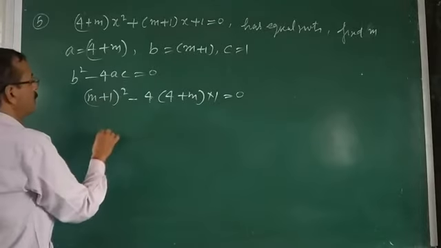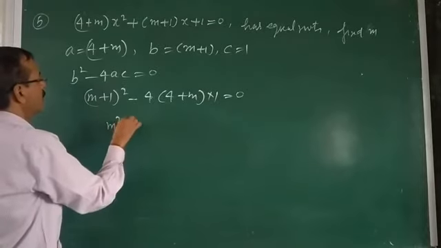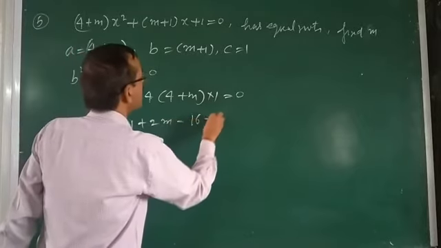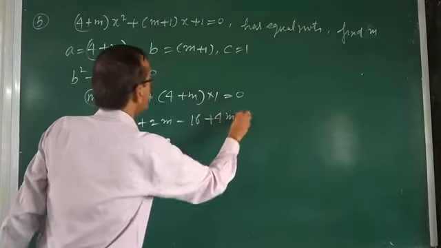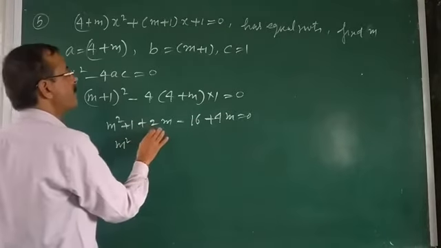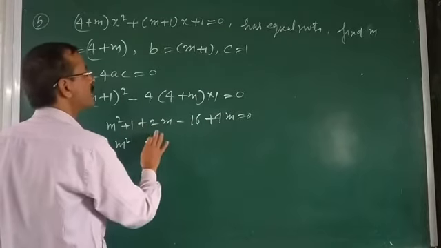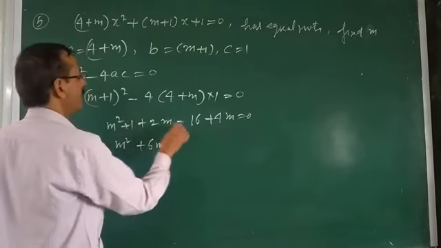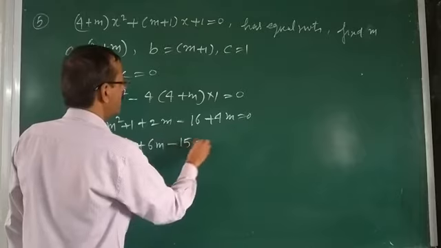What is here? m square plus 1 plus 2m minus 16 plus 4m equal to 0. m square, 2m plus 4m what will be? 6m. 1 minus 16 what will be? 15 is equal to 0.